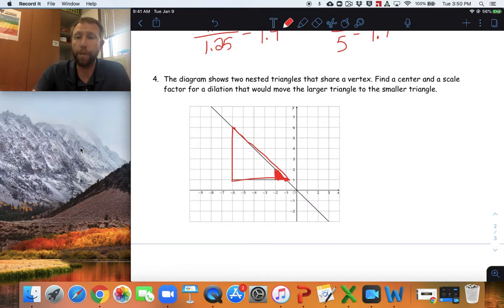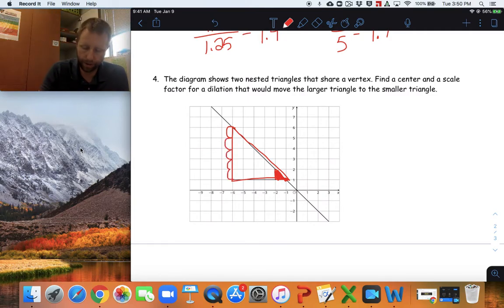Okay. So there's the little triangle, and then I just outlined the big triangle. If I want to go from the larger triangle to the smaller triangle, think about what that means for our scale factor. Our scale factor has to be less than 1, because I'm making the shape smaller. Let's see how much less than 1 it's going to be. The way that we're going to look at this is look at each side of both triangles. So I have a vertical side and a horizontal side for both of these. If I count the vertical side for the big triangle, it's 1, 2, 3, 4, 5 high.